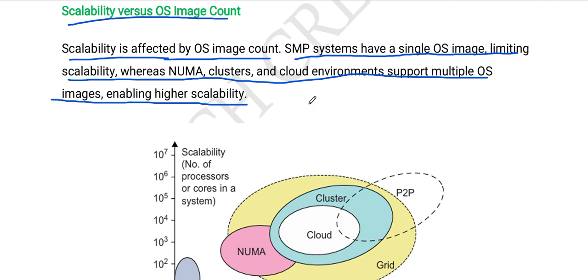Compared to SMP systems, clusters and cloud environments support multiple operating system images, so they support higher scalability.